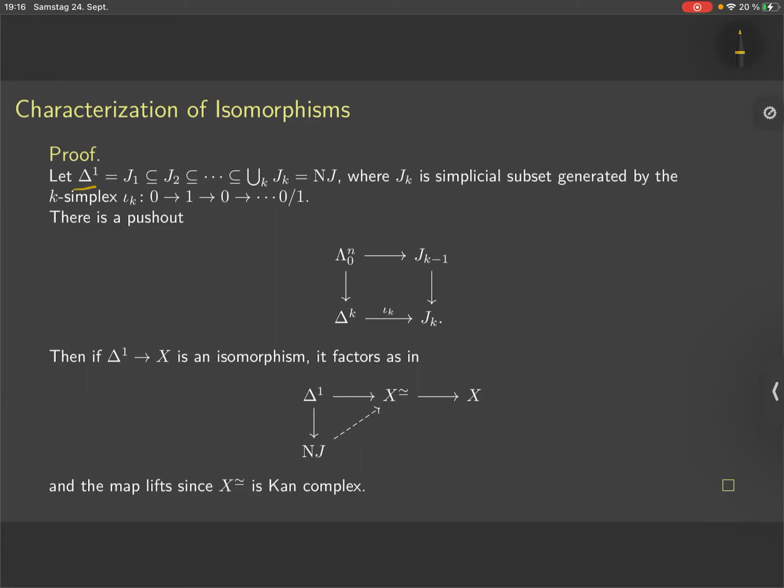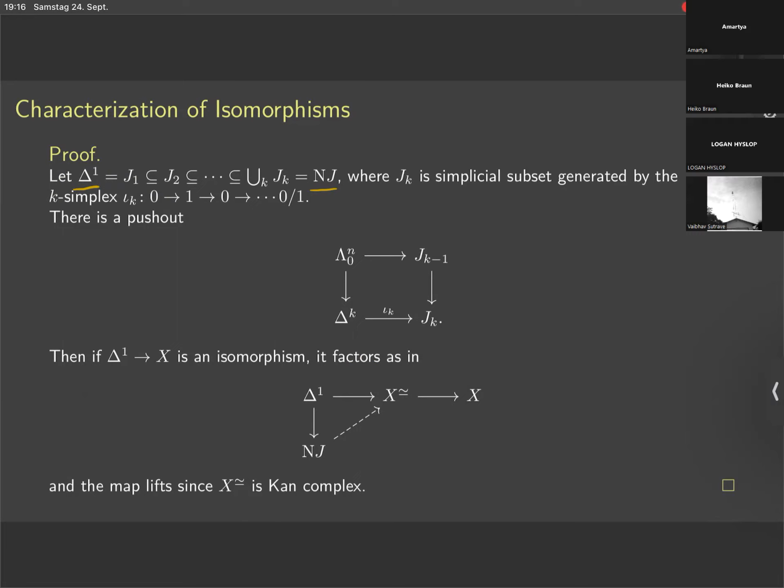We start with delta 1 and find a filtration like this. So we go to J1, J2, and so on, up until the last part, namely then it's Nj. And Jk is the simplicial subset generated by the k simplex, which alternates and starts at 0. So always one side of the sphere.